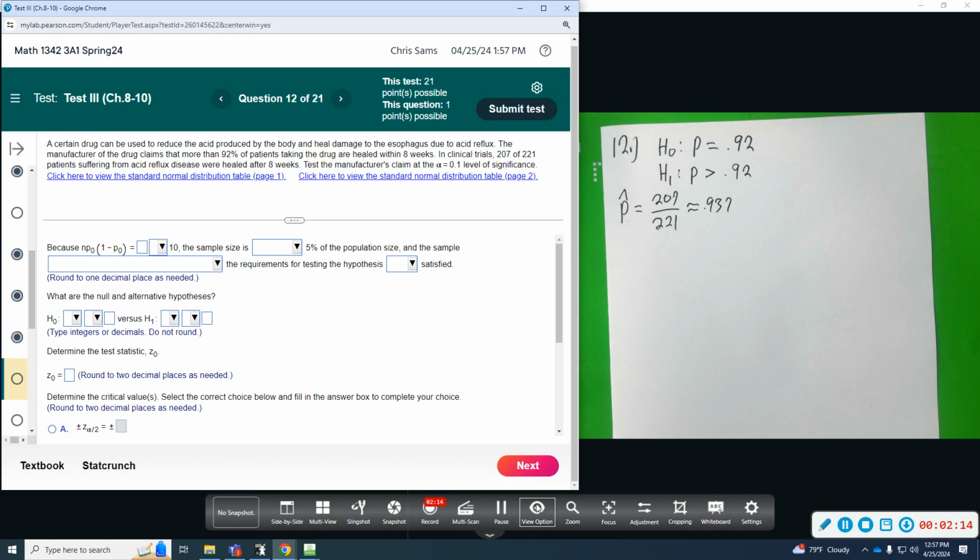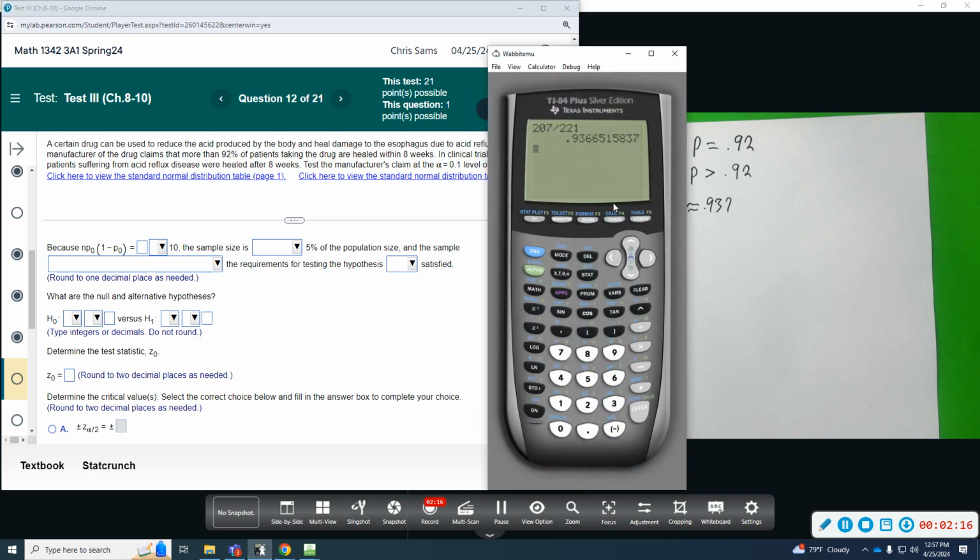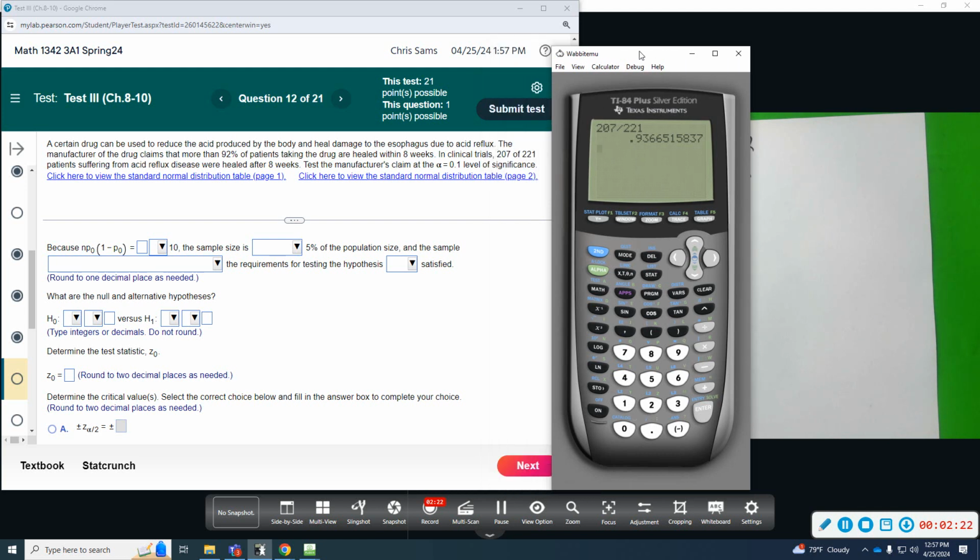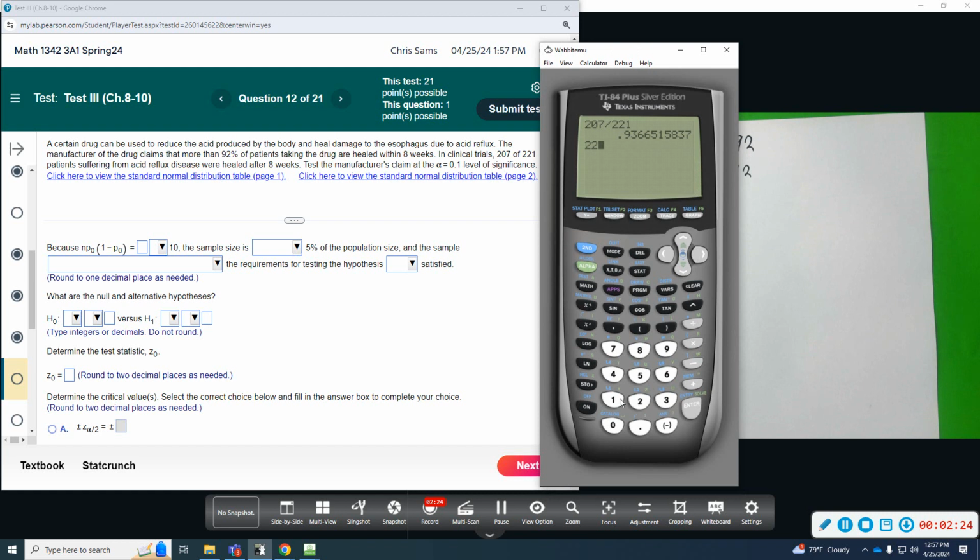And we need to test NP, so N is 221 times P, which is 0.92, times 1 minus P, which would be 0.08. Test that this is bigger than 10, and it is.